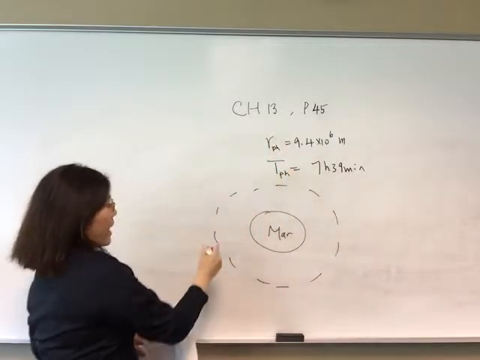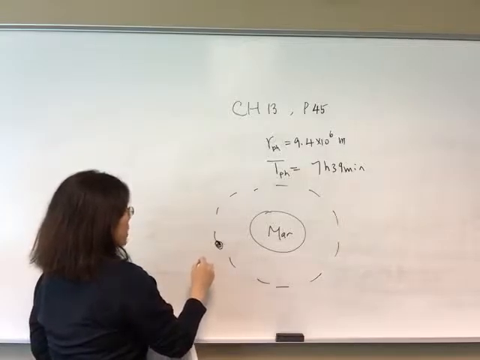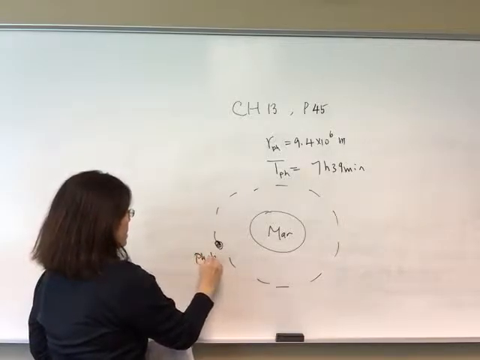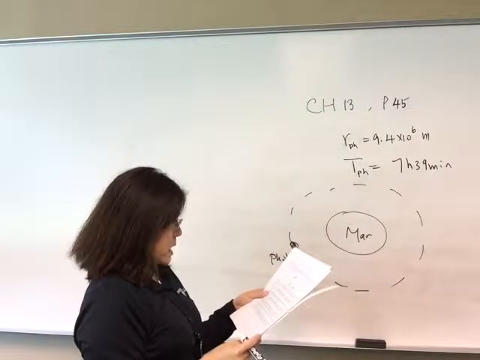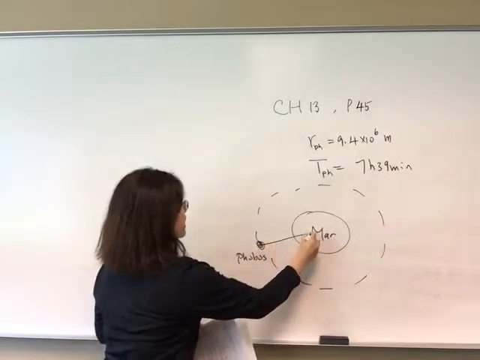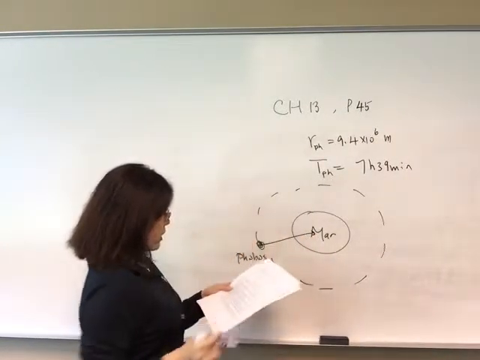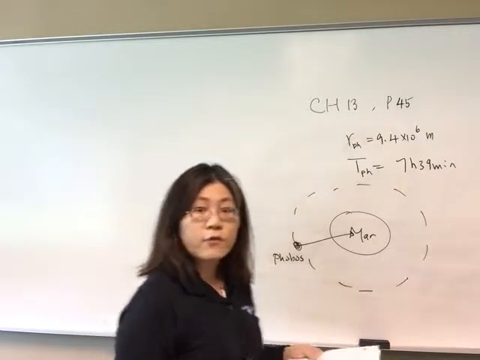So one of the Martian moons orbits around Mars. Given the radius and the period, you're asked to find the mass of Mars from this information.